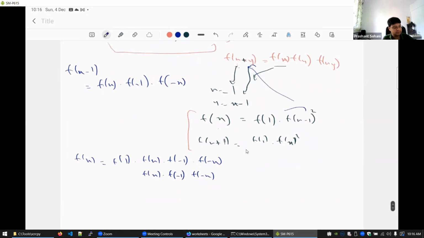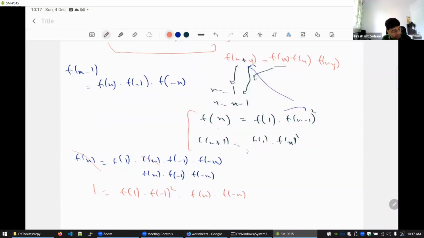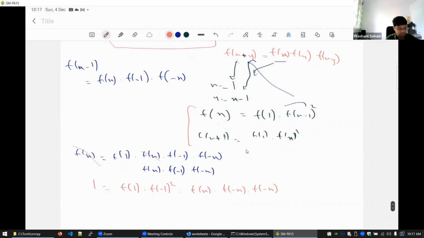What will I get? 1 is equal to f(1) times, and f(1) into f(minus 1) square is also 1. Yes, correct. So in fact, we can drop that term entirely. So this part can be dropped. Therefore, f(x) into f(minus x) whole square is equal to 1.